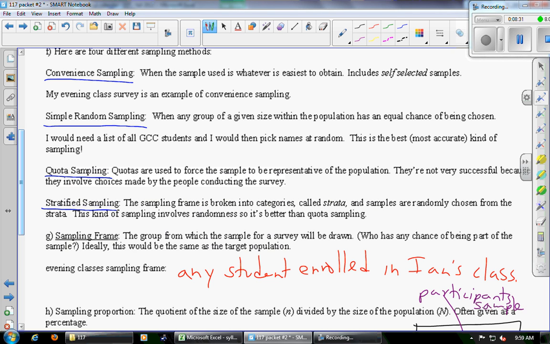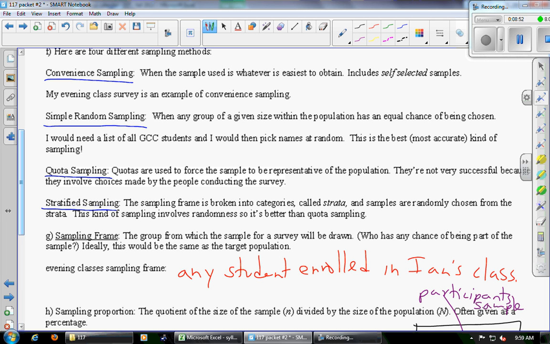What do you think when you go to the doctor's office and have this blood drawn? Which one of those sampling methods do you think is the most accurate? Simple random. If we believe that the blood circulates and we believe that any drop of blood can be anywhere at any moment in time, this is a simple random sample. And again, that's what makes blood samples reliable.